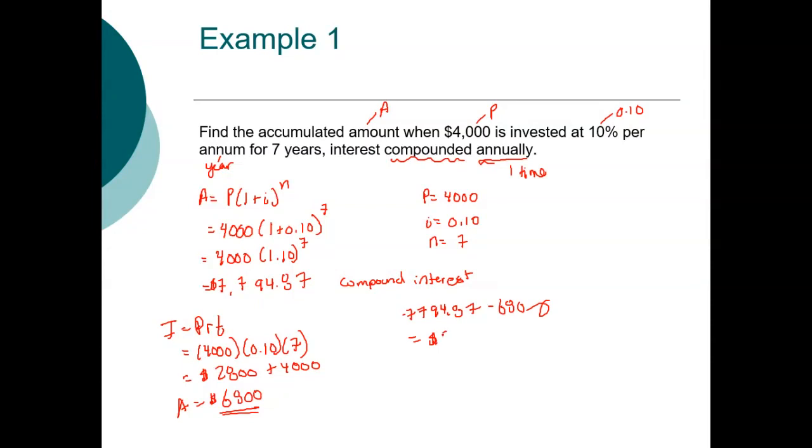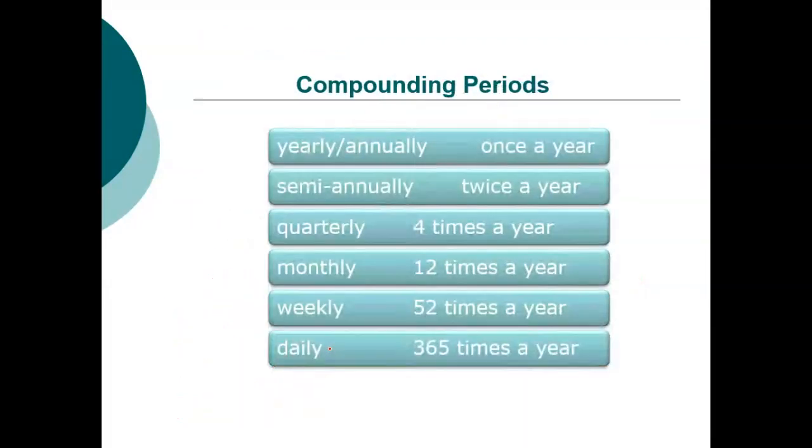That's a difference of $994.87. So compound interest is better by almost $1,000. It is interesting to see. We didn't have to do this. This was just extra. It just asked you to find the amount. Okay, so let's move on.